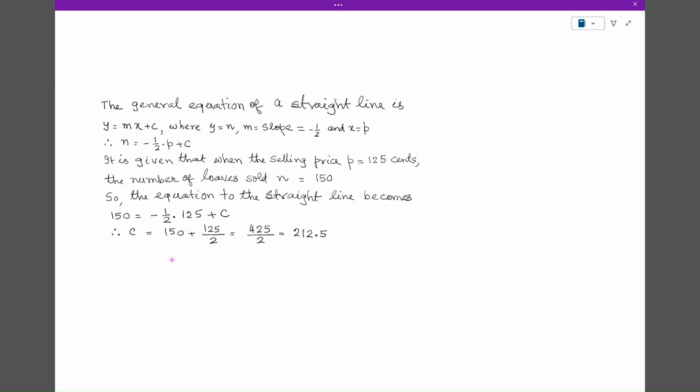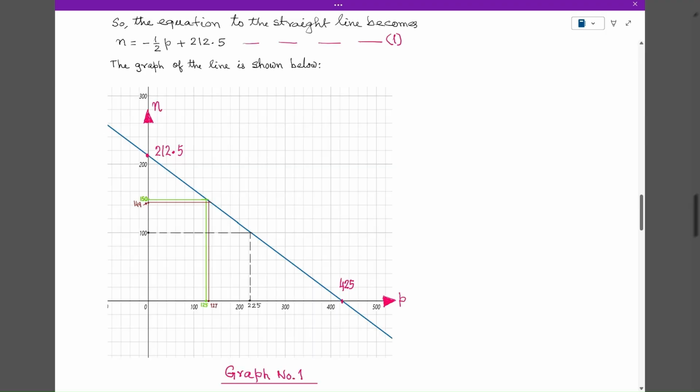From this, we find c is 150 plus 125 by 2, that is 425 by 2, or 212.5. So the equation to the straight line becomes n equals minus half p plus 212.5. Let us call it equation 1.